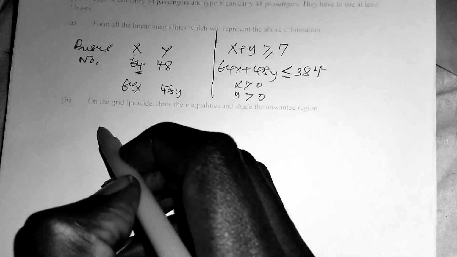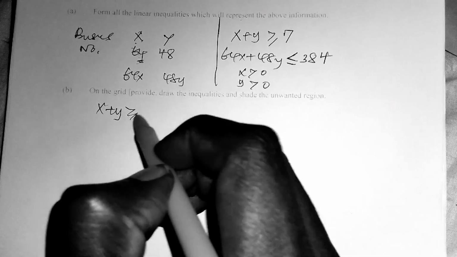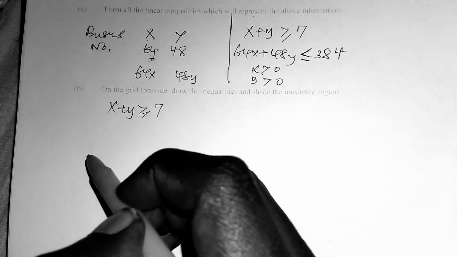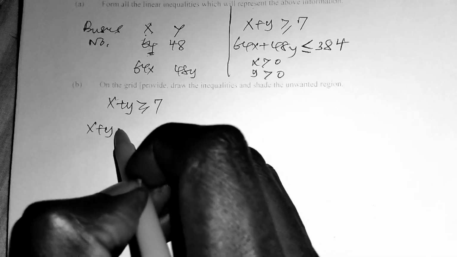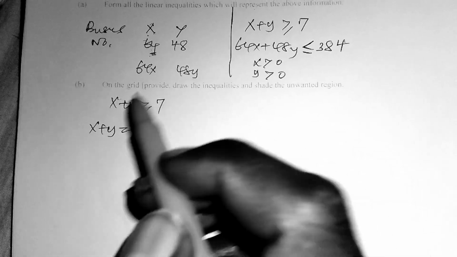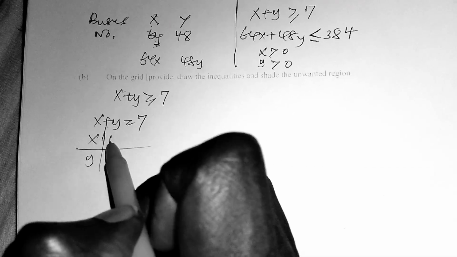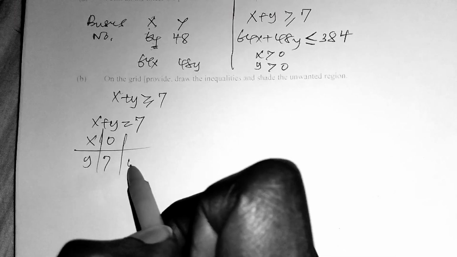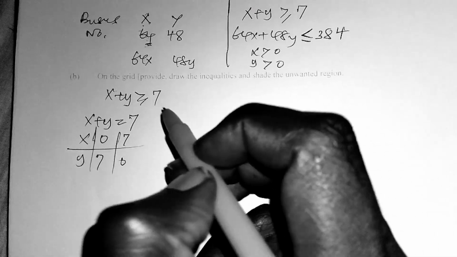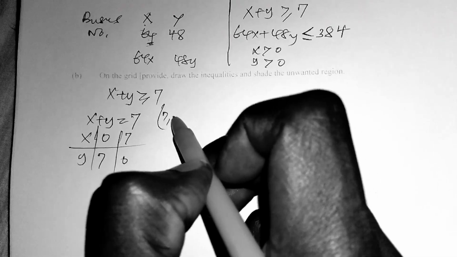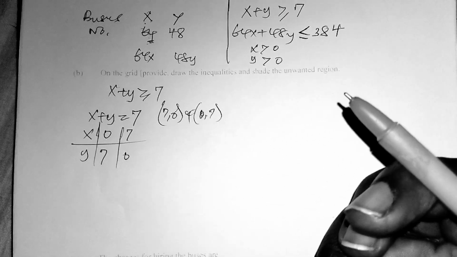If you have X plus Y is greater than or equal to 7, you first of all assume the equality, so you just have X plus Y equals 7. Then you find the X and the Y intercept. When X is 0, Y will be 7, and when Y is 0, X will be 7. So here you will plot (7, 0) and (0, 7).